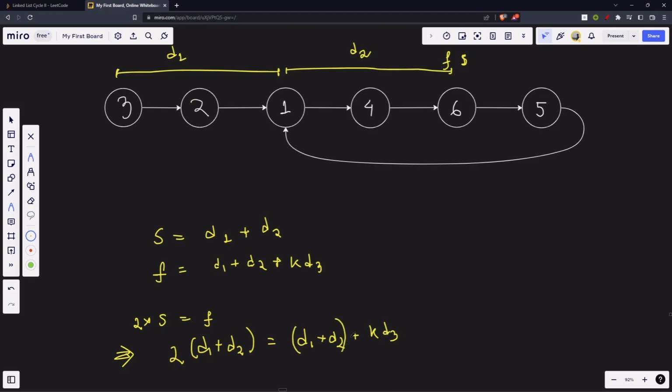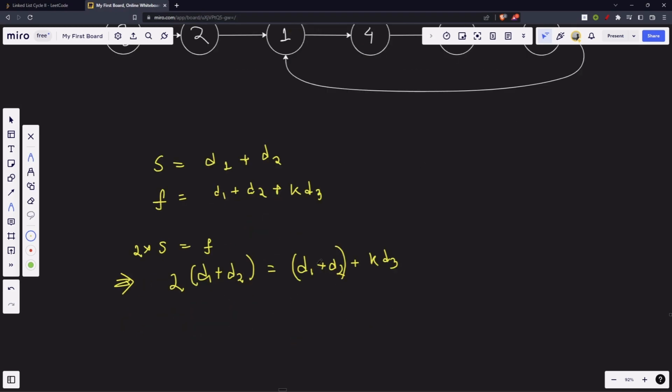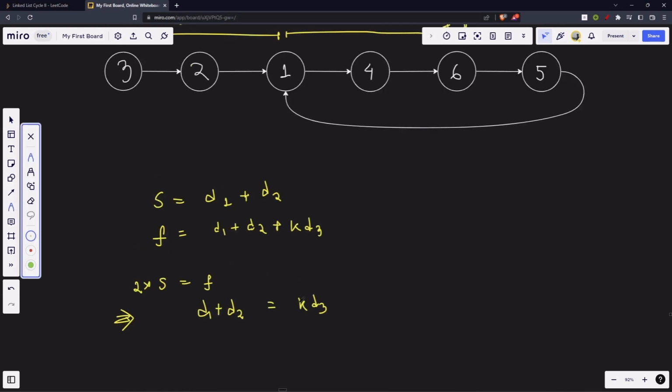Now one (d1 plus d2) gets cancelled. This is what is remaining: d1 plus d2 equals k into d3, that is, the number of times our fast pointer circled into the length of our cycle. Now if we do this, d1 equals k into d3 minus d2. We get this.